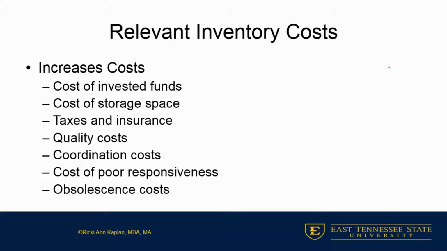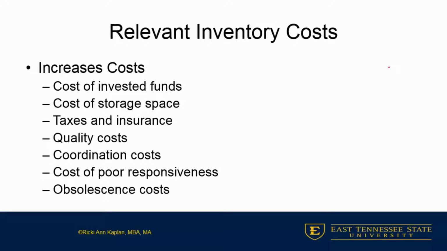The cost of storage space. We're looking at how much storage space is needed, what type of storage space. So if you're looking at storing paper clips, 1,000 paper clips can be on a shelf in a drawer. It doesn't take that much room. 1,000 tanks are going to take a lot more room. So you have to take a look at what type of storage space.